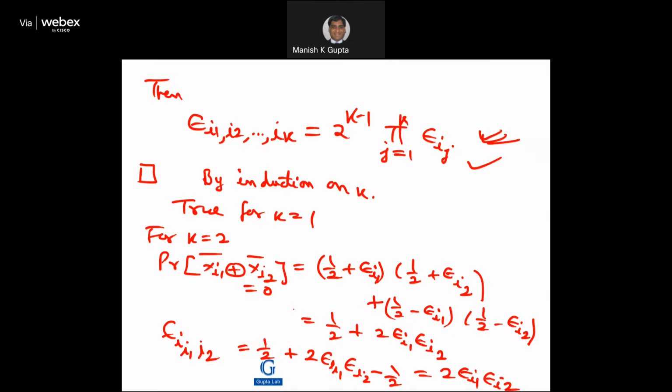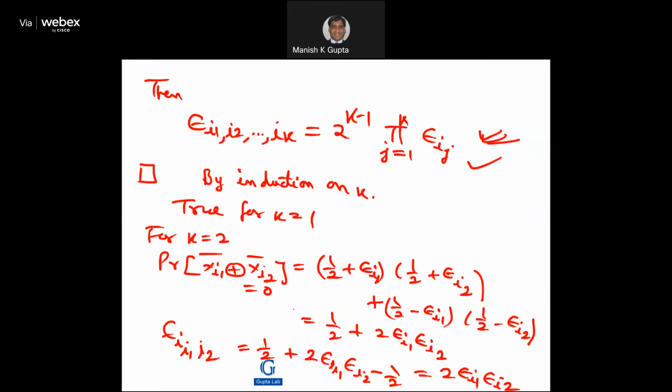So basically we can compute the probability values because we have obtained these from the previous expression, right? So half plus epsilon I1 times half plus epsilon I2 and so on up to this expression. We can simplify this. This turns out to be half plus 2 times epsilon I1 epsilon I2.